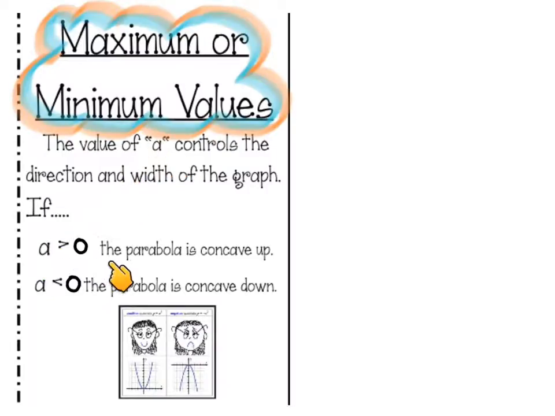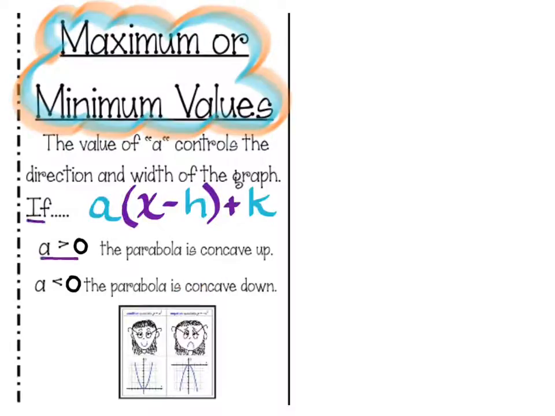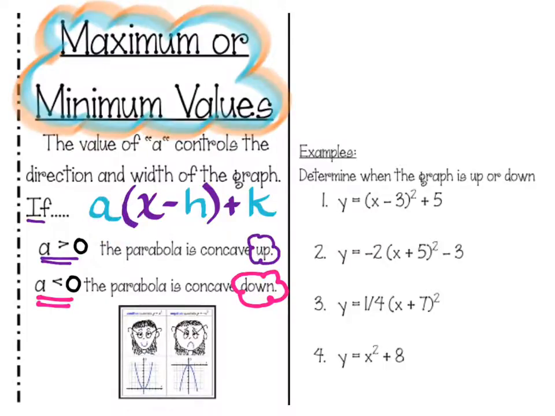So if a is a positive number, the parabola is concave up. And if a is a negative number, then the parabola is concave down. And so this time we are going to be focusing on this piece right here. So looking at this first example, we see that we don't really have a number that maps itself to a.